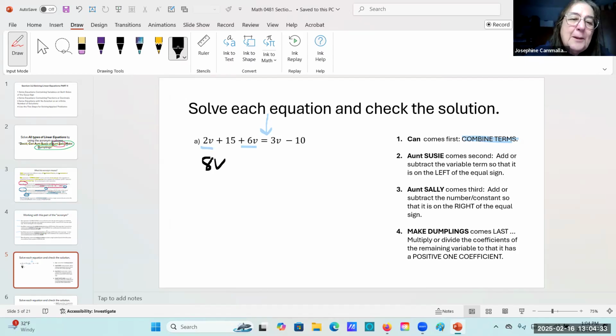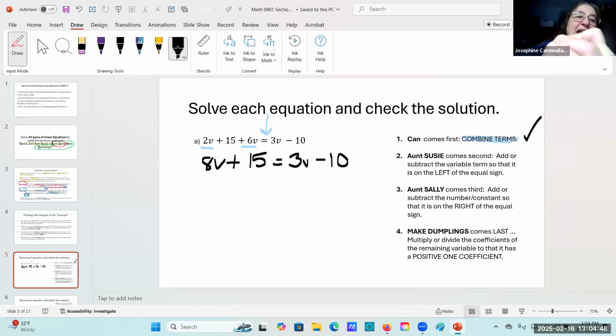Well, this will give me 8v plus 15 equals 3v minus 10. I've just combined terms. Now, here's the fun part. Aunt Susie. Now, we're going to add or subtract the variable terms.